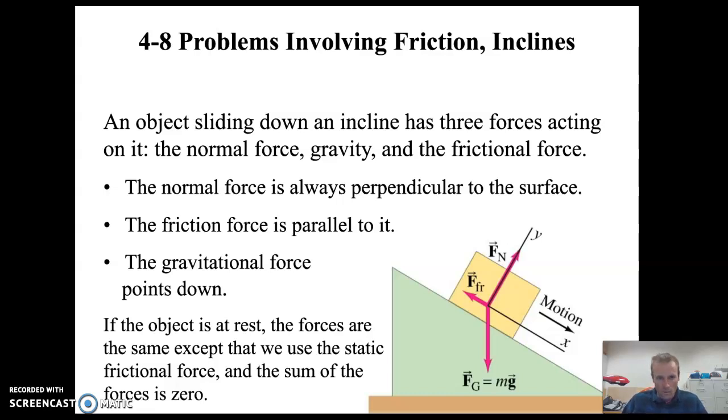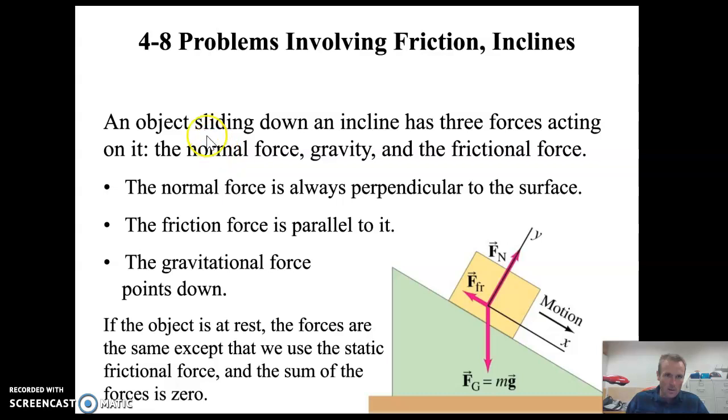Then what we start to do is put blocks on inclines. If we look at this situation, this is why we don't use the weight force to determine the friction. We have the normal force in the equation, not the weight. You'll see the reason for that with this example.